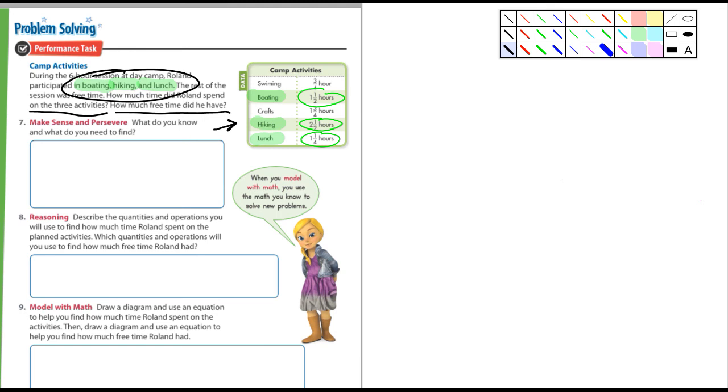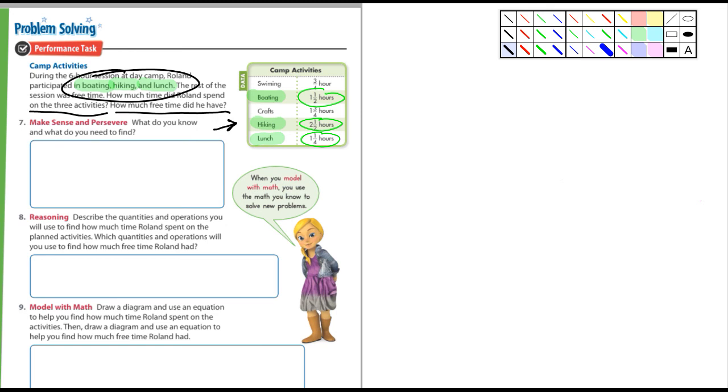Okay. Number 8, describe the quantities and operations you will use to find how much time. Okay, which quantities and operations will you use? Oh, well, basically, how are you going to solve it? Just describe how you're going to solve it. Oh my gosh, they make these so difficult.